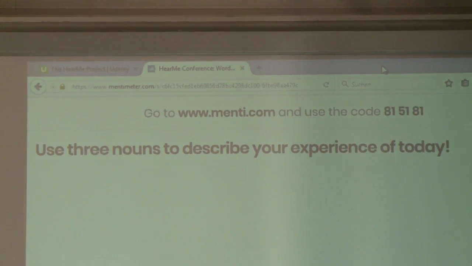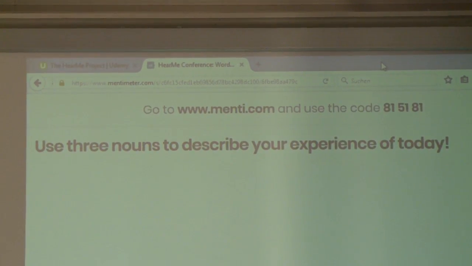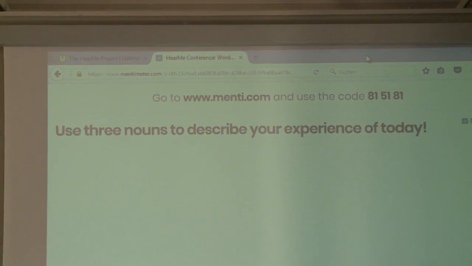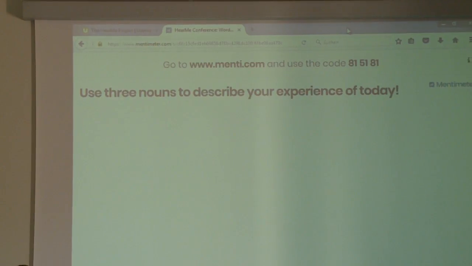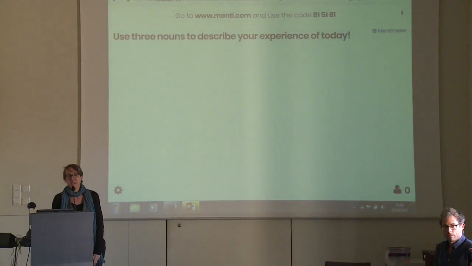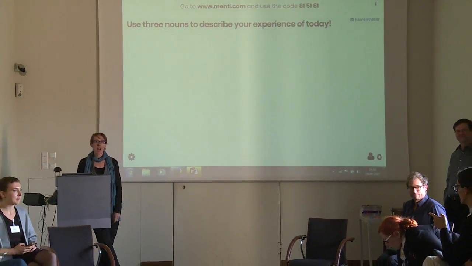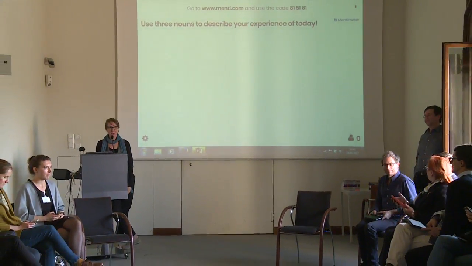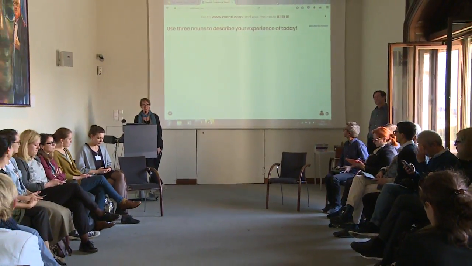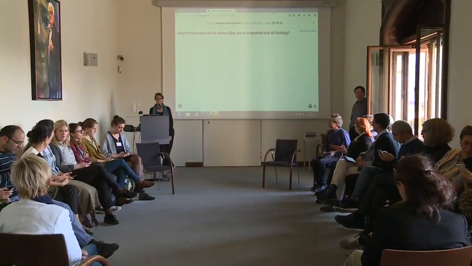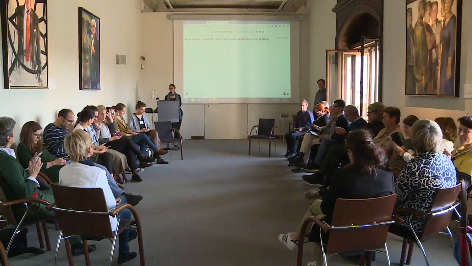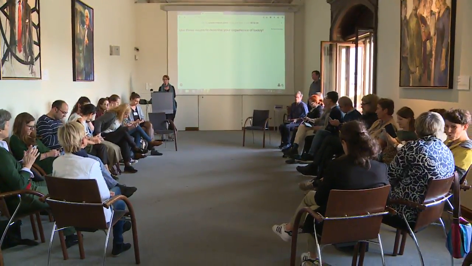We used it to describe the mood of the picture, and now we will ask you to describe your experience of this day in 3 nouns. In the right spelling, hopefully. In English, I've been thinking about that, but if you mix English and German, it will be difficult. So let's say we do it in English. Take your time.